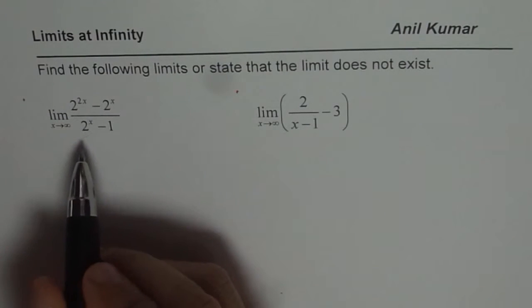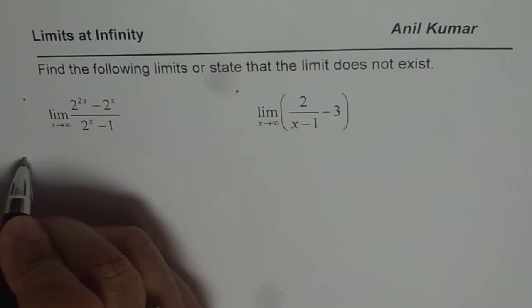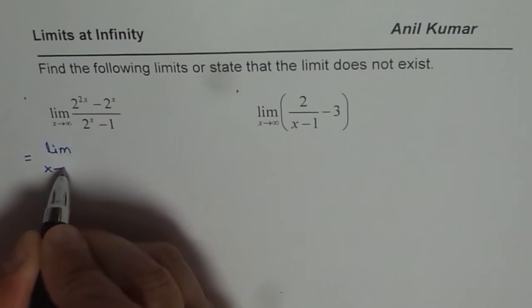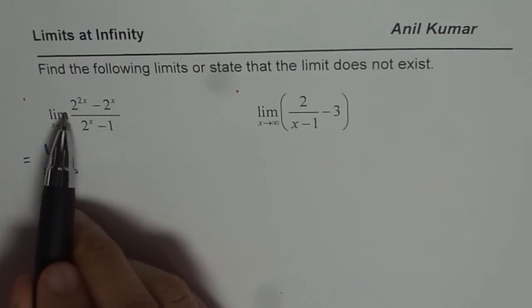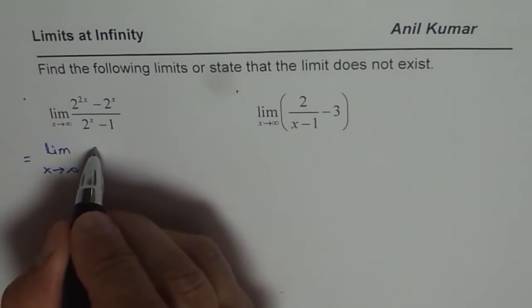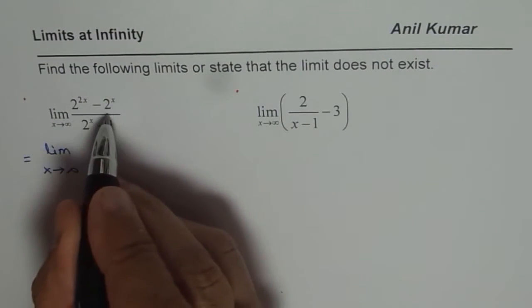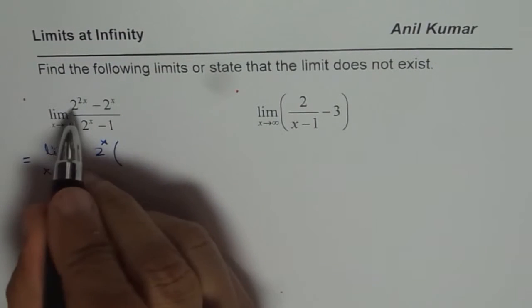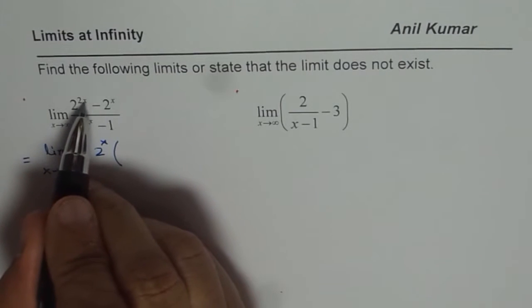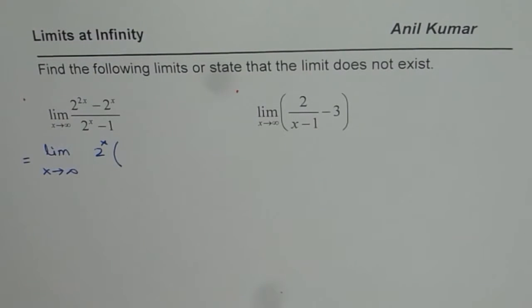Now this is a very important question from a test point of view. I'd like you to note the strategy here. The strategy is factoring. In 2 to the power of 2x minus 2 to the power of x, what is common? 2 to the power of x is common. So if I factor out 2 to the power of x, what do I get?